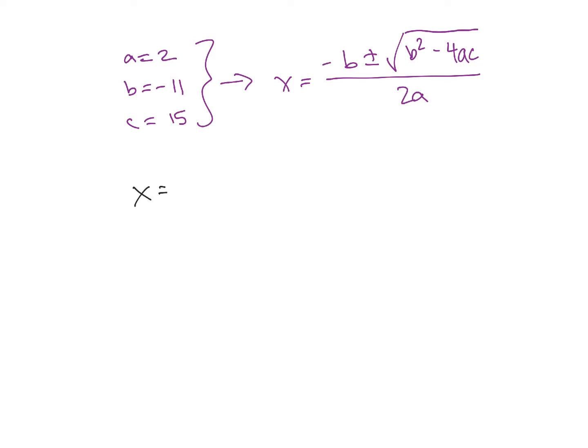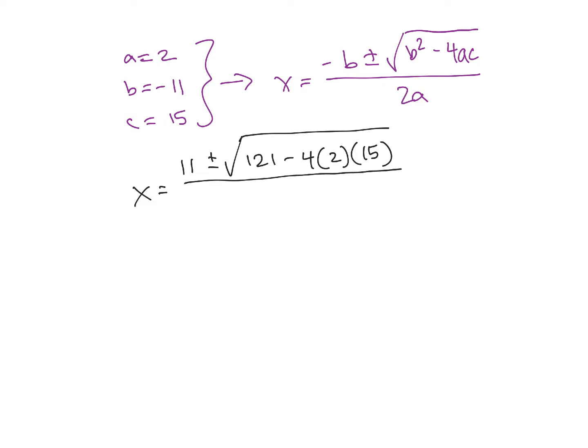So here we go. Negative b is -11 or +11 plus or minus the square root of -11 squared is +121 minus 4 times 2 times 15, all divided by 2 times 2 for my a would have been 4.